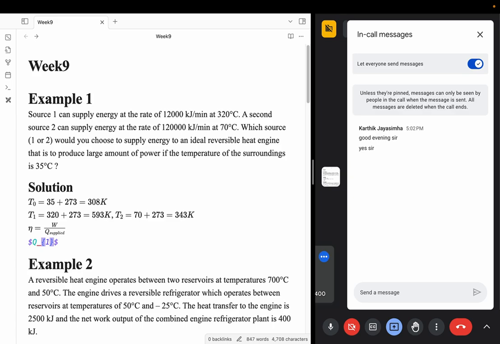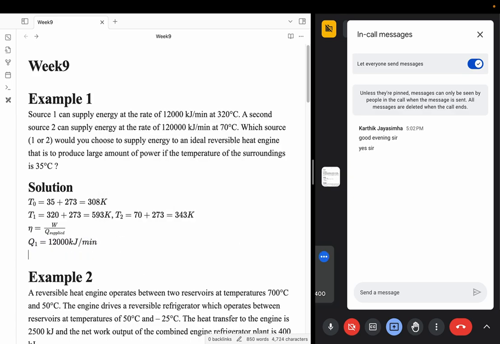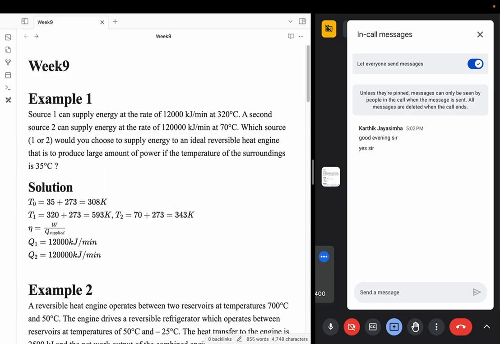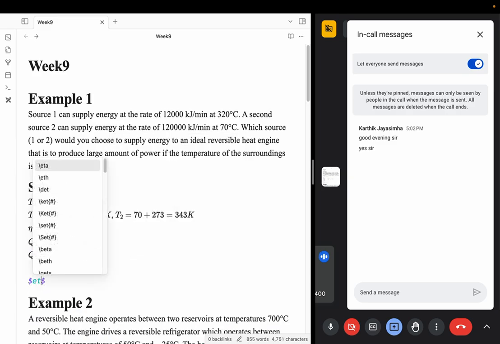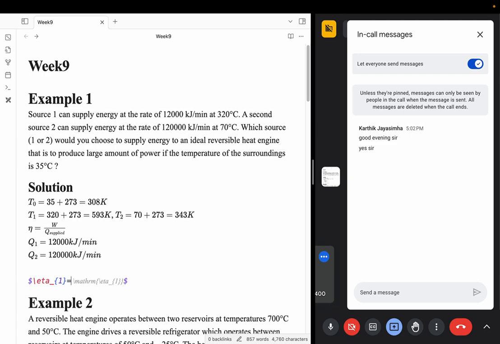So Q1 is given as 12,000 kilojoule per minute, and Q2 is given as 1.2 lakh kilojoule per minute. So what is the Carnot efficiency for the first case? It is 1 minus sink temperature by source temperature.